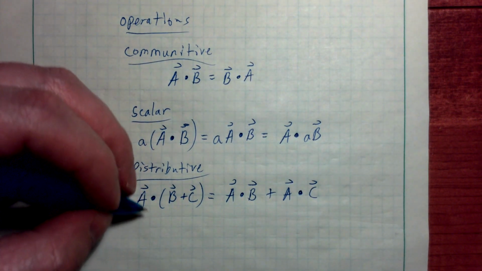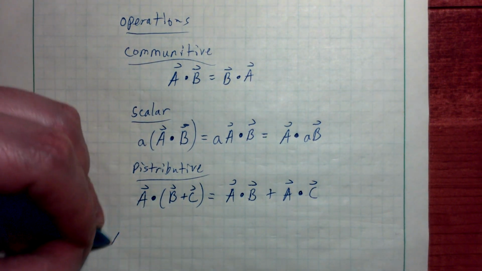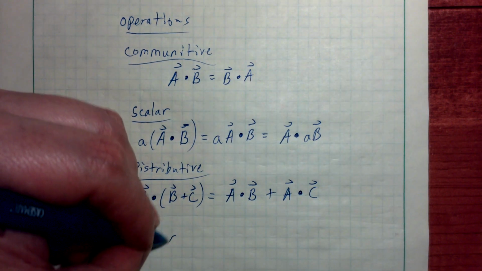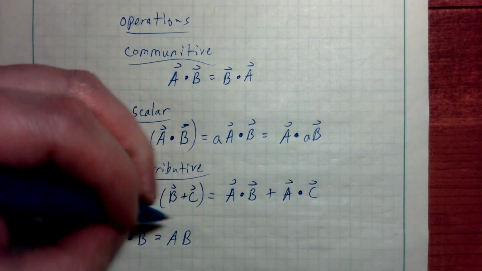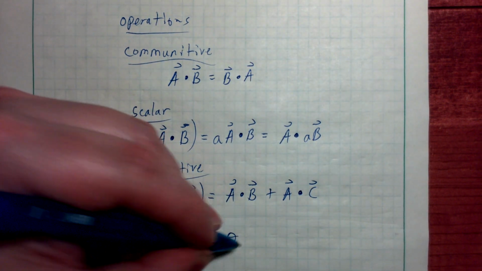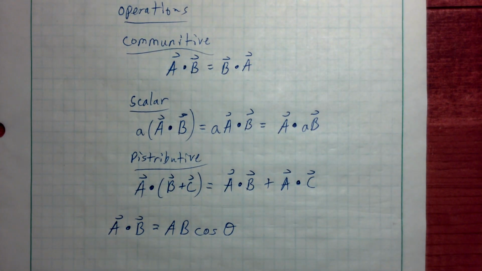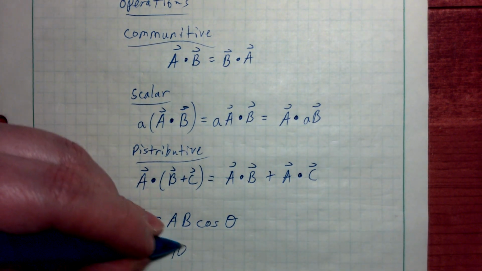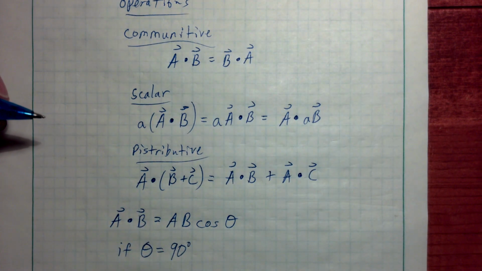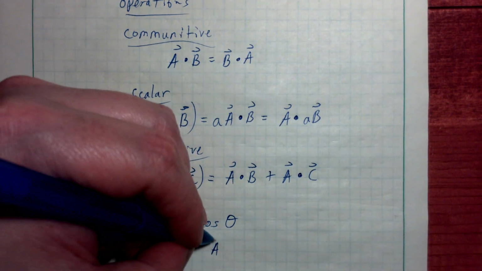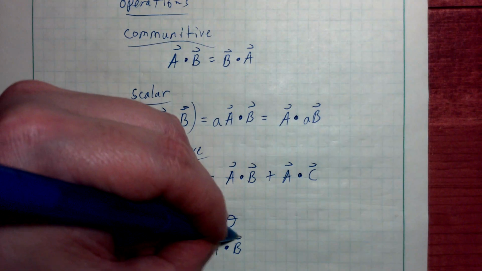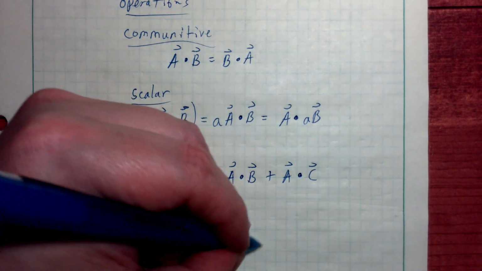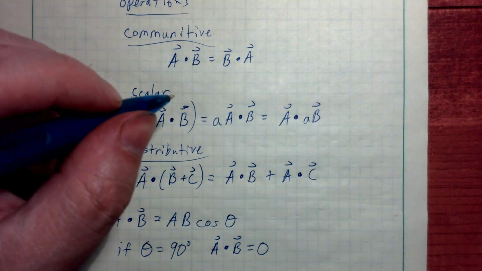Now, recall, what do I mean by that? A dot B, by definition, is equal to the magnitude of A times the magnitude of B times the cosine of the angle between them. If theta equals 90 degrees, notice what happens. If I take the cosine of 90, I get 0.